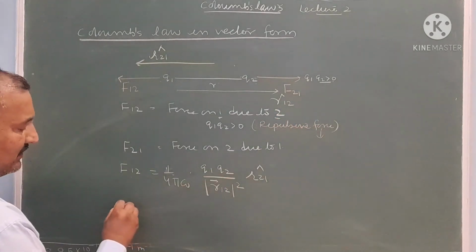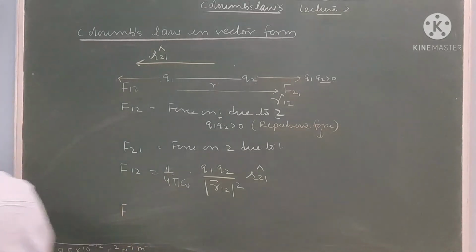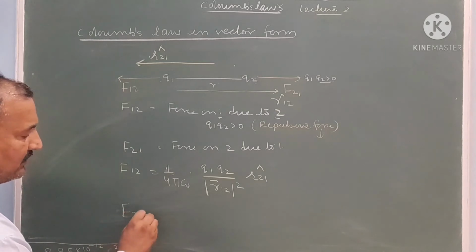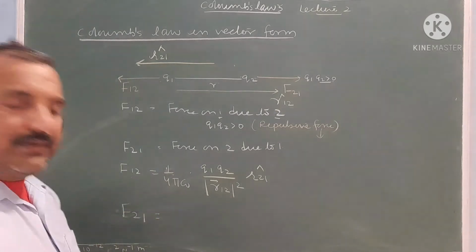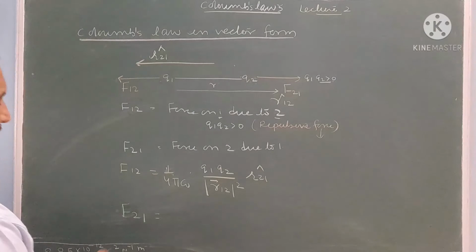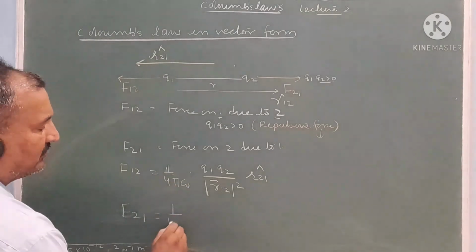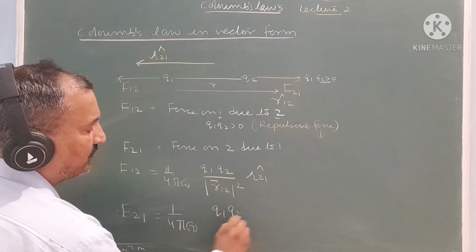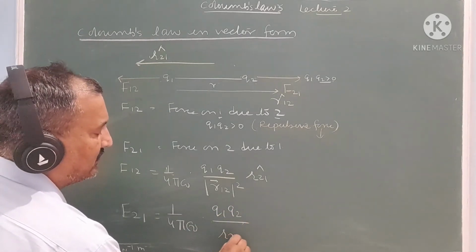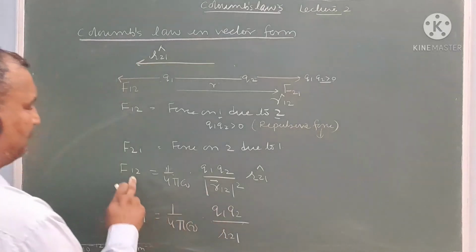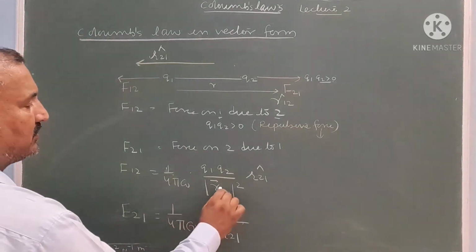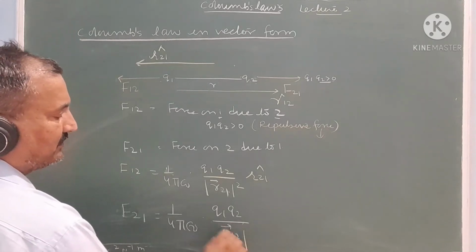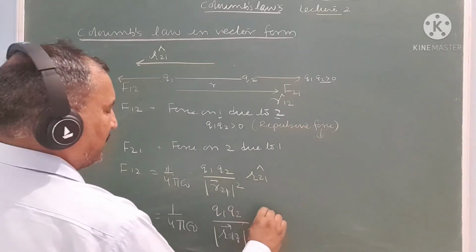Now similarly, we can write force on 2 due to 1. I hope it is visible. You can write 1 upon 4 pi epsilon 0 into Q1 Q2 upon R square, this becomes R21 cap. Sorry, this is 12 vector. This will become R12.